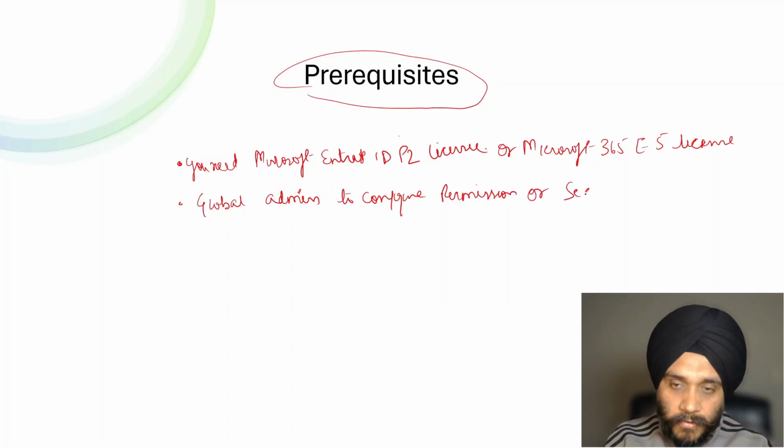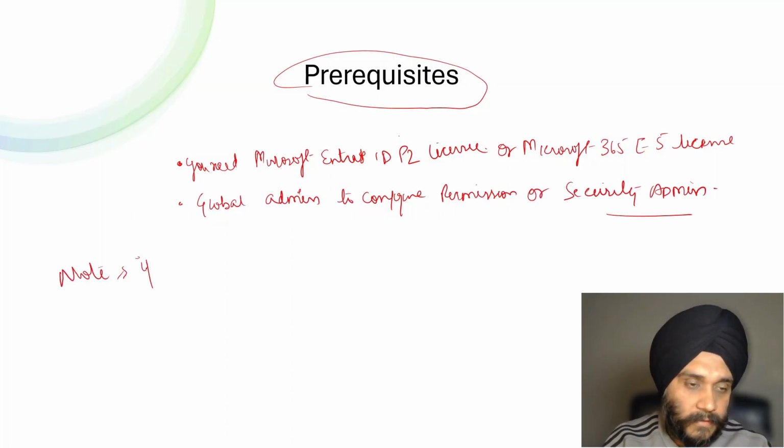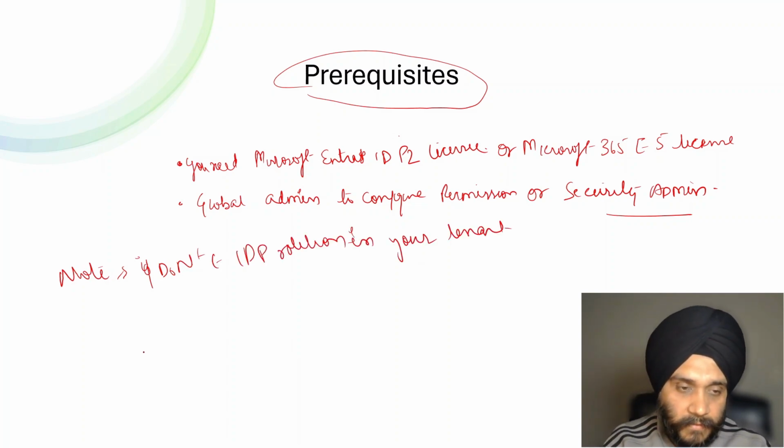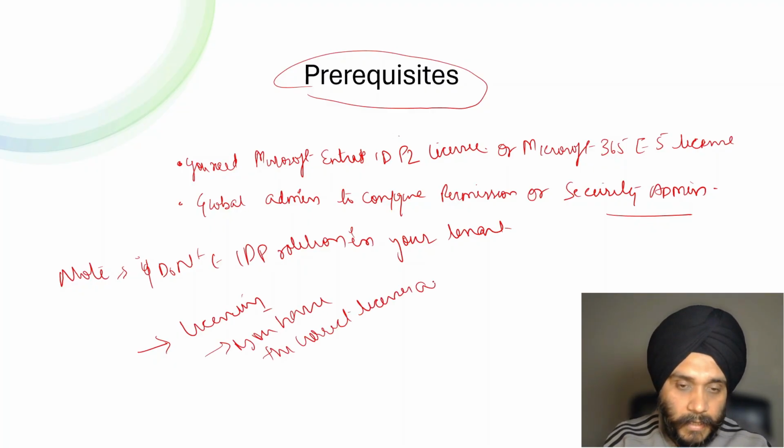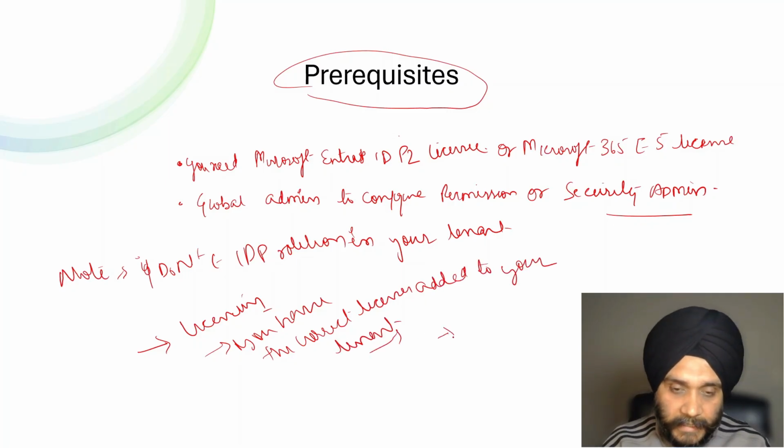Note that if you don't see Identity Protection in your tenant, the first thing to check is always licensing. Make sure you have the correct license added to your tenant, and you can verify this by going to billing and subscriptions.